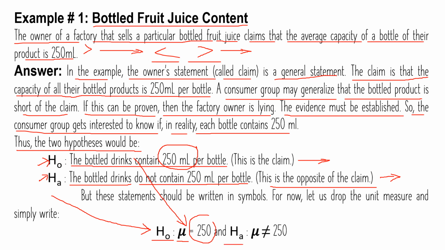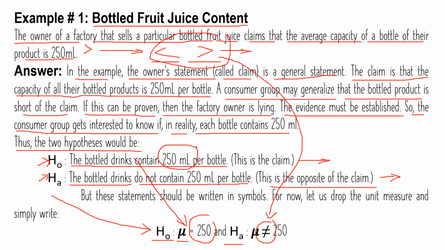Now, for your HA, why do we use not equal to here? Because in the problem, there is no keyword mentioned, like less than or greater than. That's why we don't know if that is a left tail test or a right tail test. That's why we're using a two-tailed test, because there is no keyword mentioned in your problem.